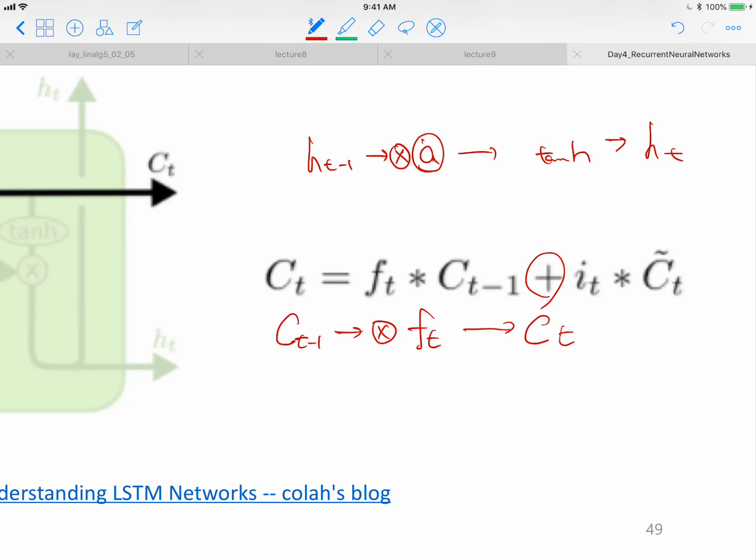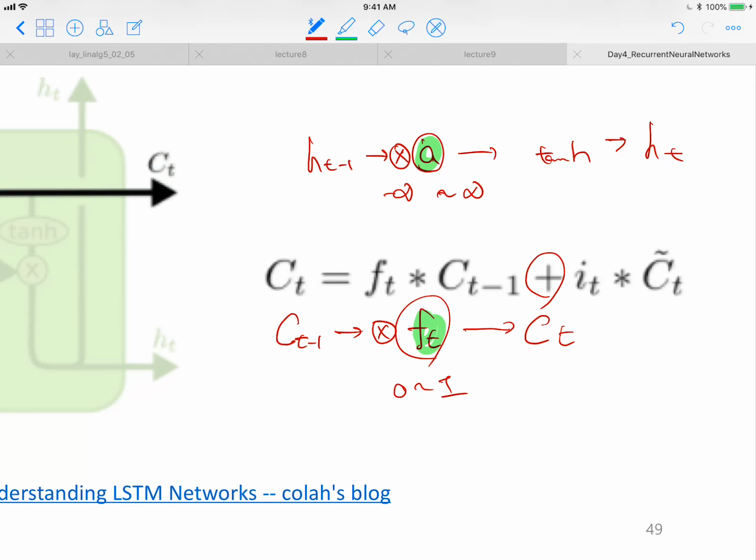What is multiplied here is something called a forget gate. The linear transformation can range from negative to positive infinity, and this f_t ranges from 0 to 1.